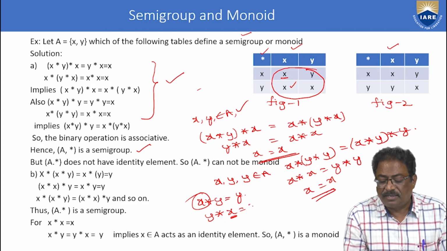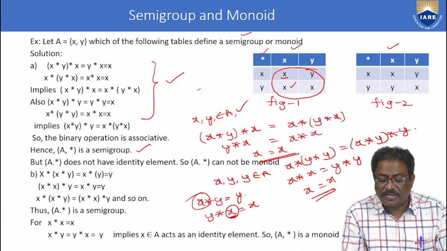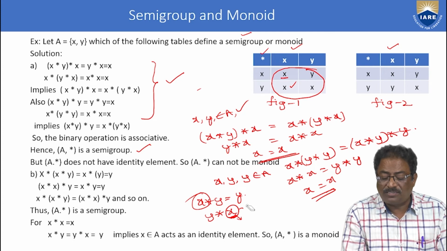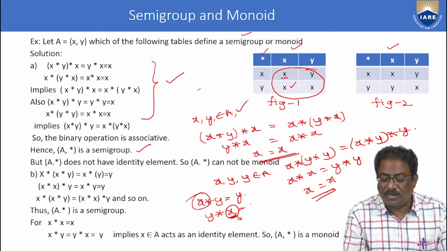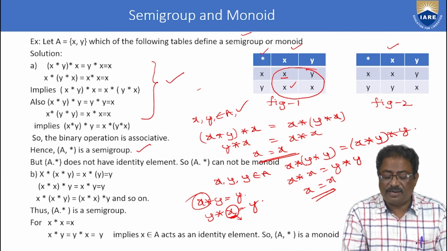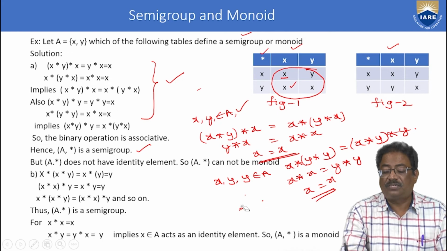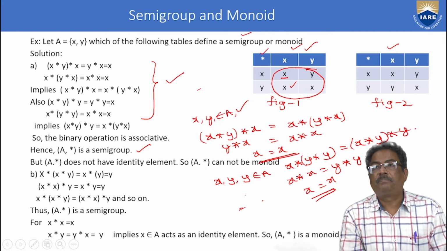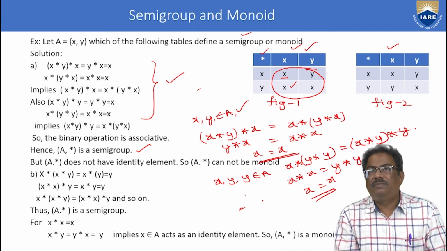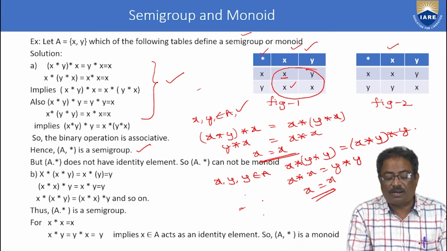So x is not an identity element here. If x were an identity element, then y star x would be y. So for this first table, there is no identity element. That means it is a semigroup which does not have an identity element, so we can say that it is not a monoid.